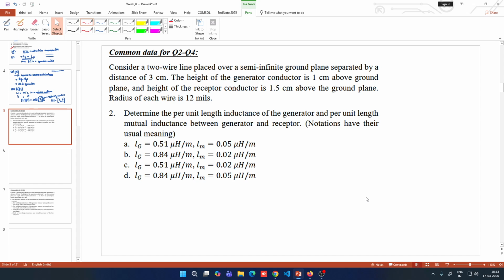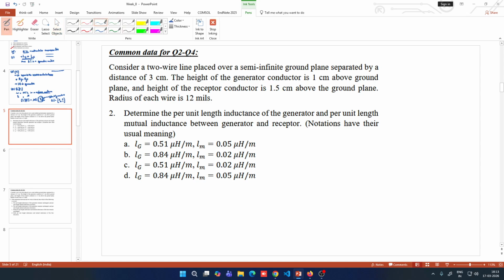For questions 2, 3 and 4, we have the same two wire line placed over a semi-infinite ground plane, separated by a distance of 3 centimeters. The height of the generator conductor is 1 centimeter above ground, and the height of the receptor conductor is 1.5 centimeters above the ground plane. The radius of each wire is 12 mils.